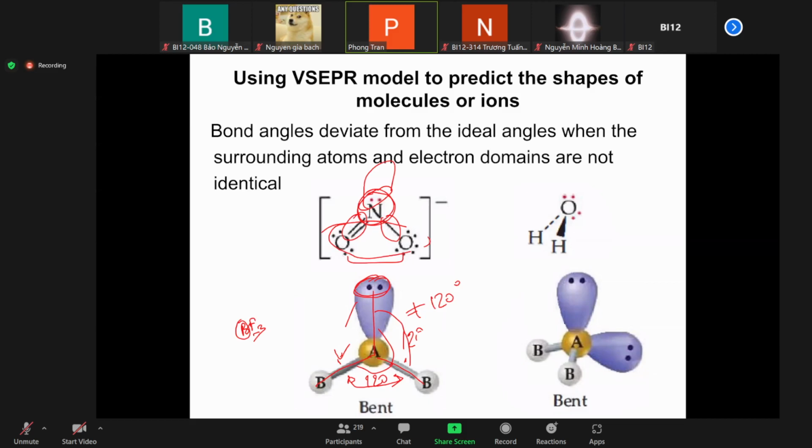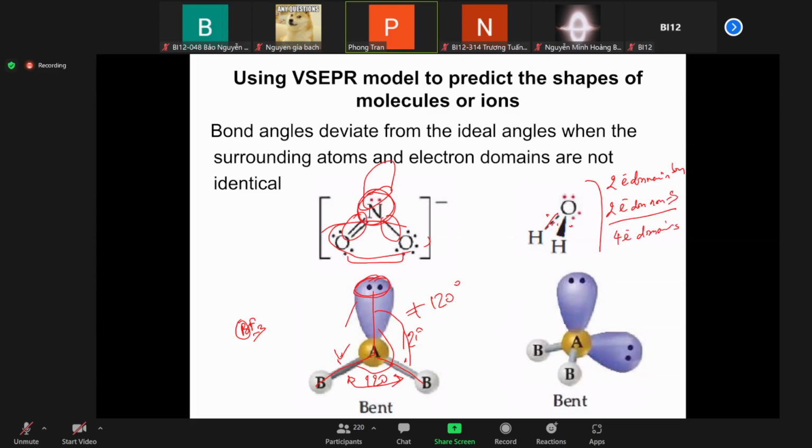The same for the molecule of water here. For the molecule of water, from the Lewis structure, you will have 1 bonding, 2 bonding. So you have 2 electron domains which are bonding, and 2 electron domains non-bonding. So in total, you have 4 electron domains. Okay.